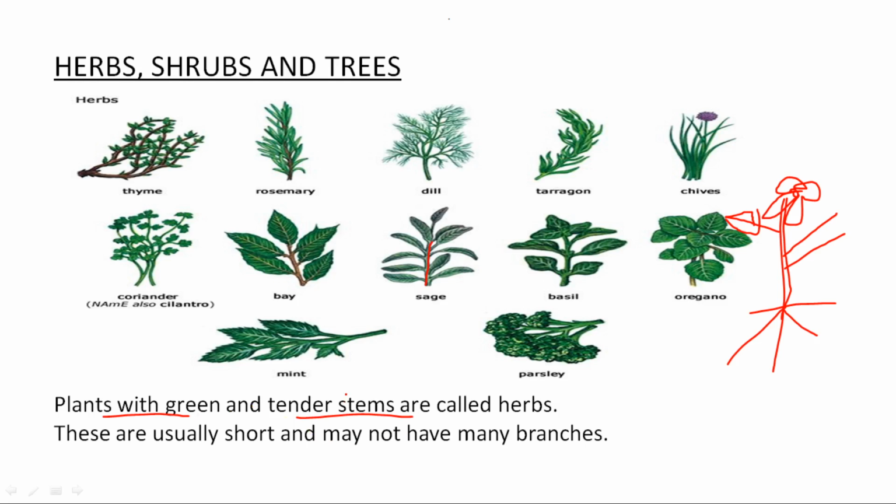Green in color. And tender means what? Soft, spongy soft. The stem of herbs is soft.